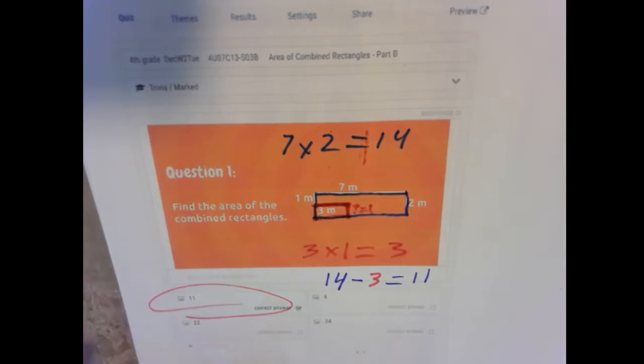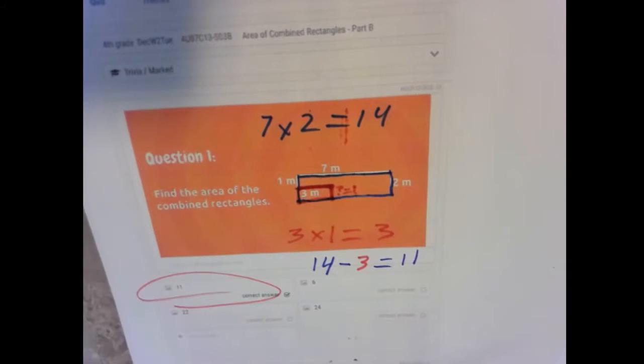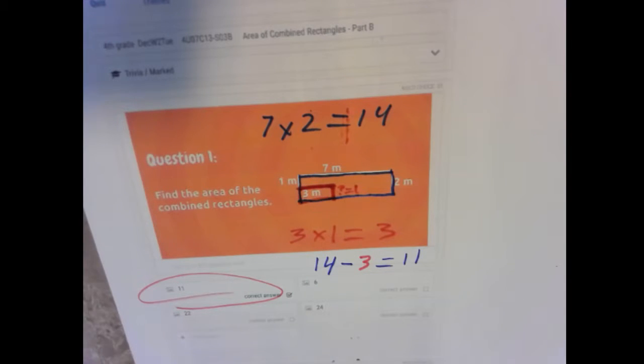Okay, let's try that again. So what would this whole area be? Okay, we'll even connect that. So if you have 5 times 7, that would be 35. Then we have to take away the area of this red section. Okay, and the area of that, oops, didn't move the camera for you.